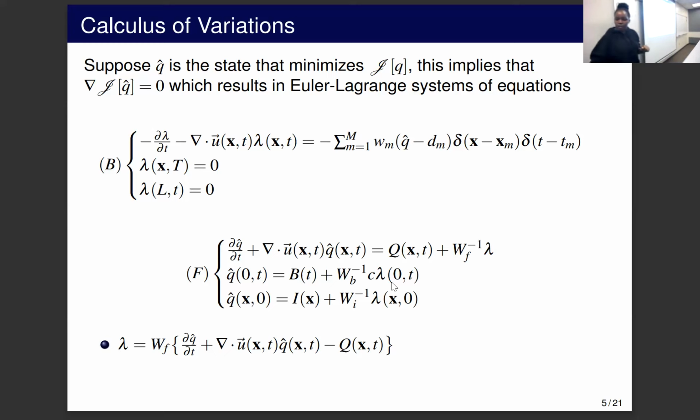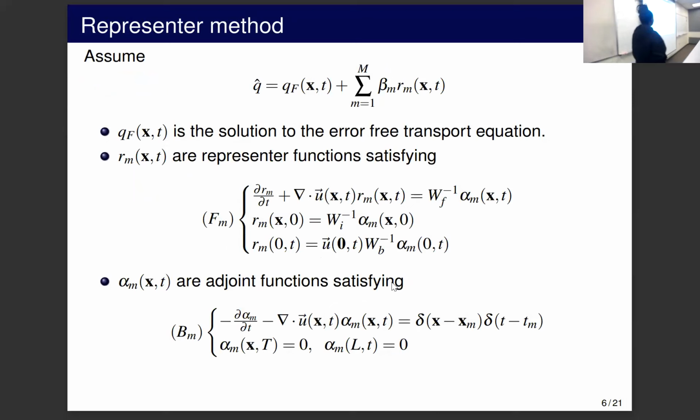We therefore use the representer method to decouple the Euler-Lagrange systems of equations. In this method, we assume that the optimal state q hat can be expressed as the sum of the first guess qF and the linear combination of representer functions Rm, where Bm are the unknown representer coefficients. qF is the solution to the error-free transport equation, and the representer functions can be obtained by solving this system forward in space and time.